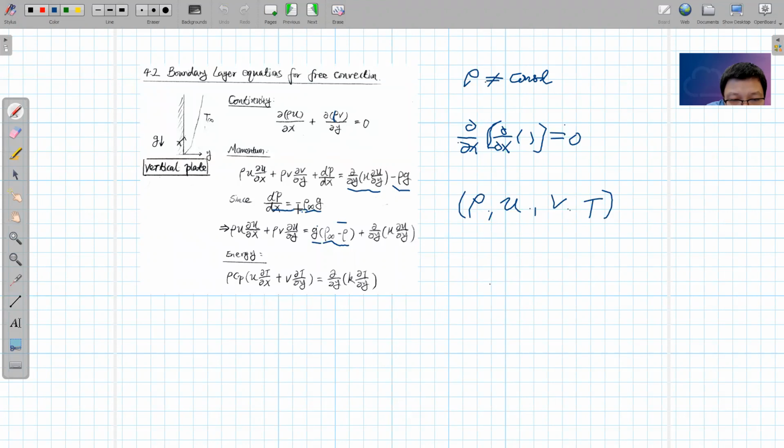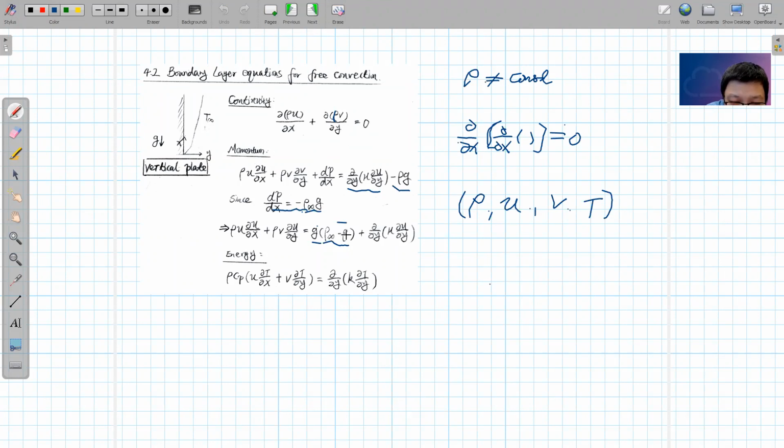But you cannot do that for the density in the momentum equation, this rho infinity minus rho. This rho is not a constant.